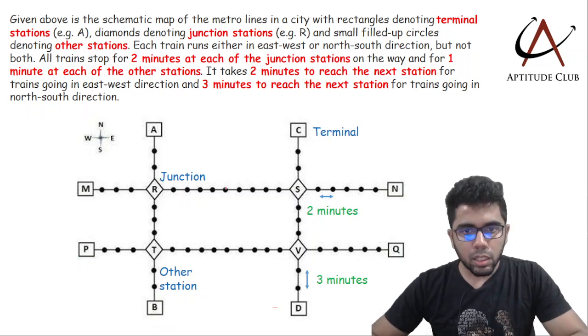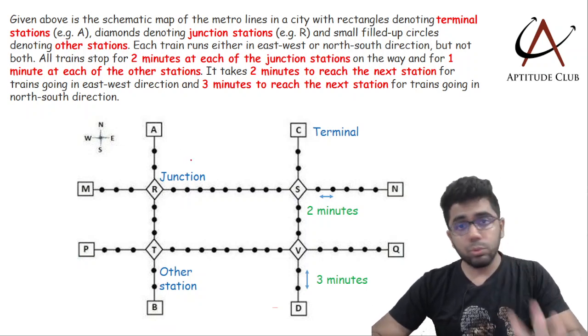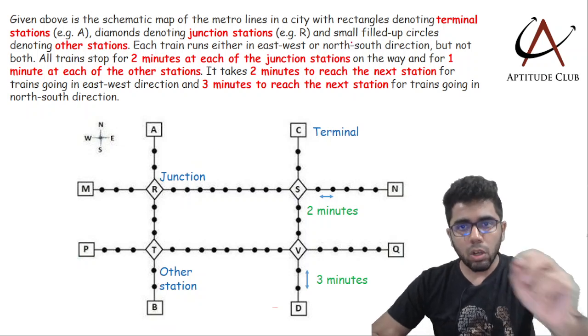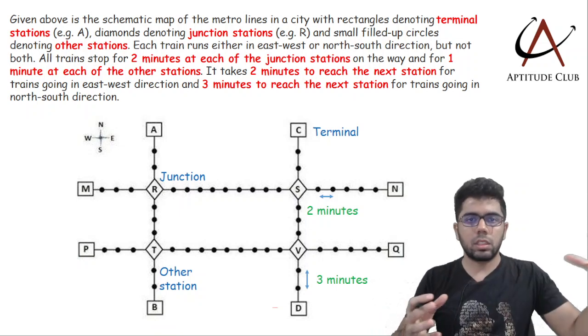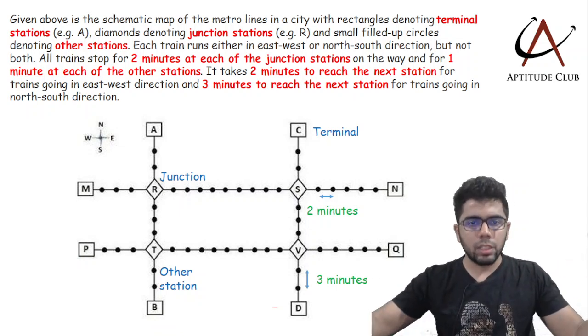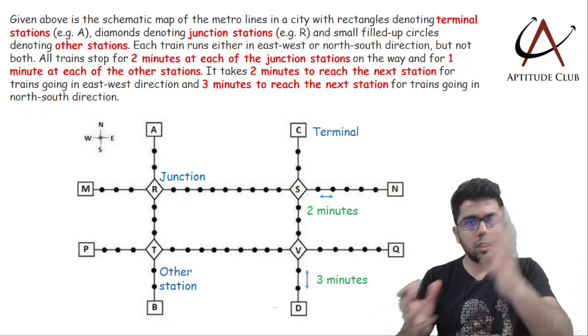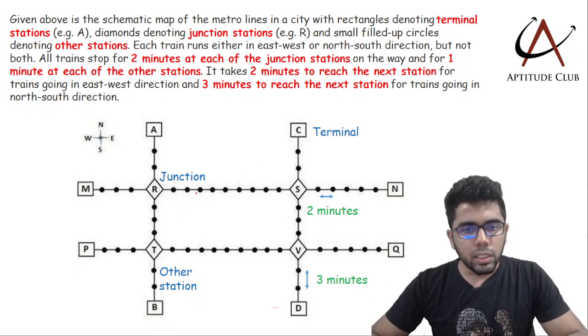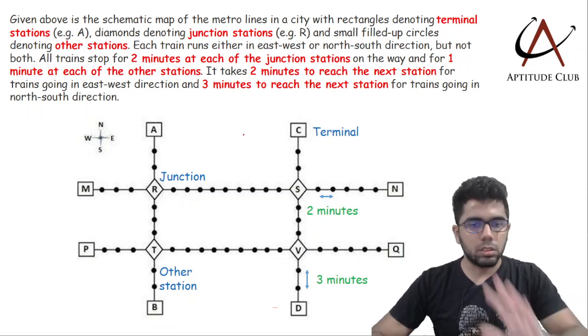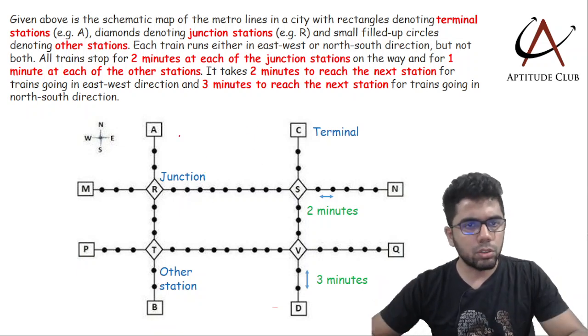So junctions R, S, V and T, we have 4 junctions. And then the small filled-up circles are denoting other stations, like normal stations. Terminal means where the train starts and where it ends. Junction is where you can change routes, and from there trains pass in all directions. And the intermediate stations we call other stations. Okay? I hope this is very clear.